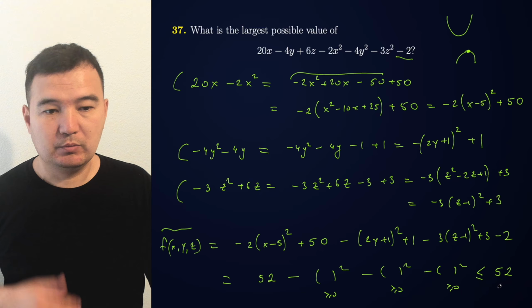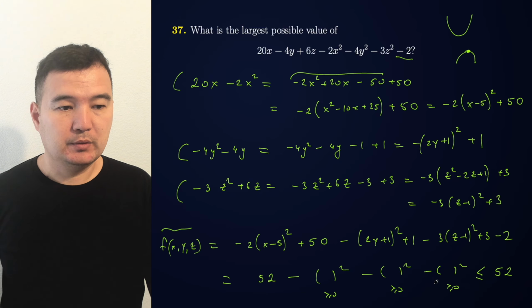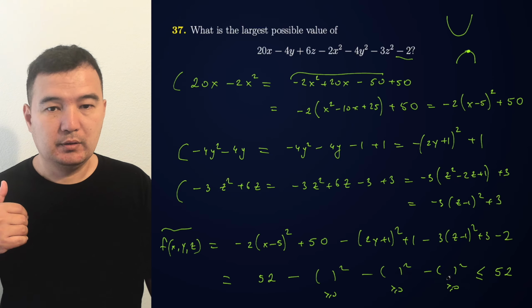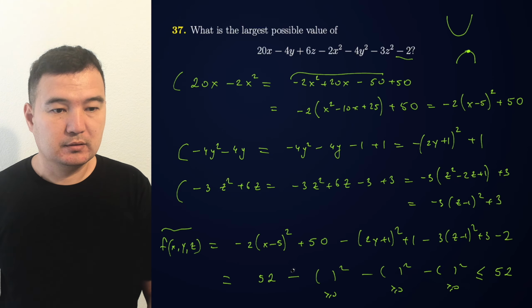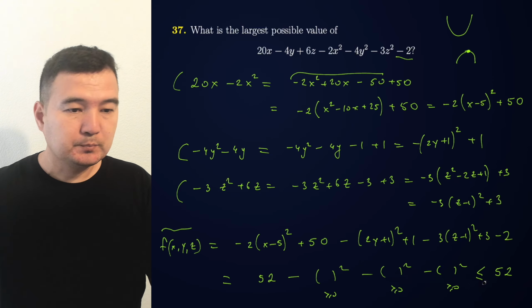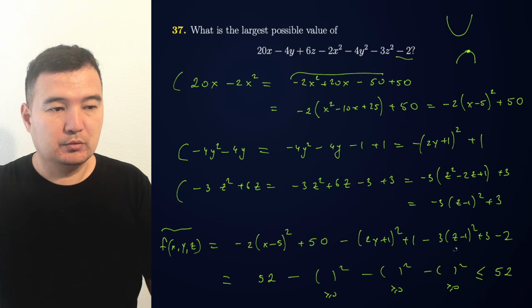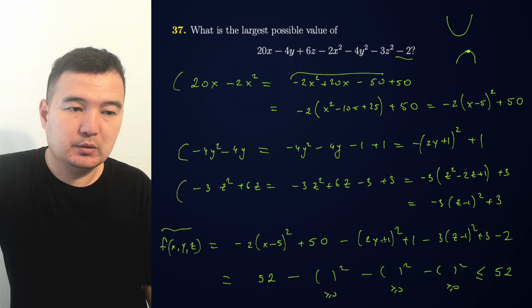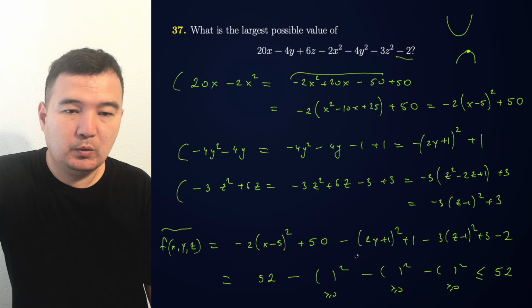It's impossible to make it more than 52 because these three expressions are all contributing negatively, subtracting. When they are all 0, which means when z is 1, y is negative 1 over 2, and x is 5, we get the maximum value of the function, which is 52.